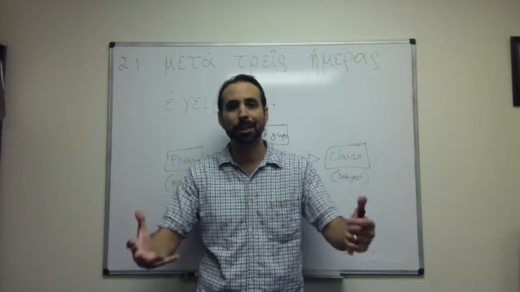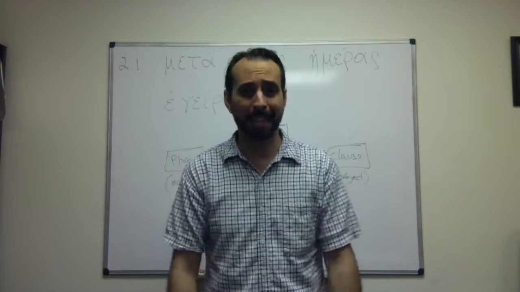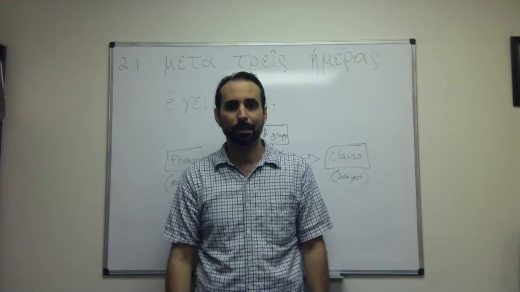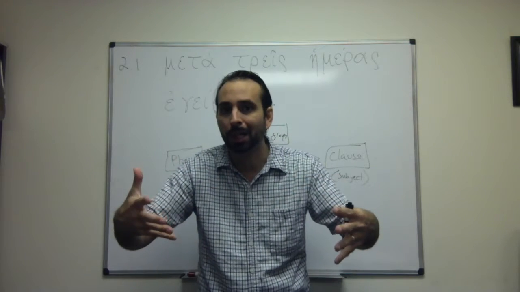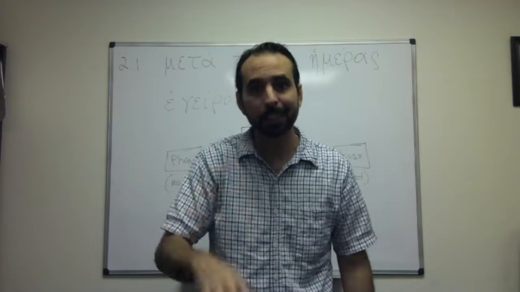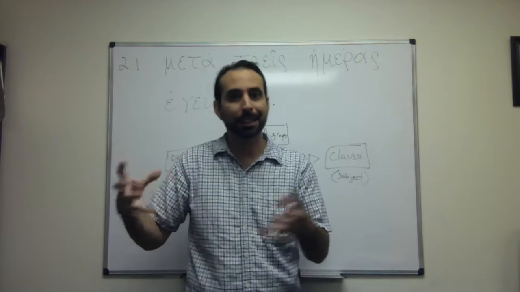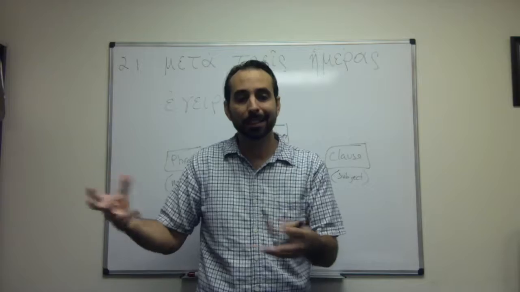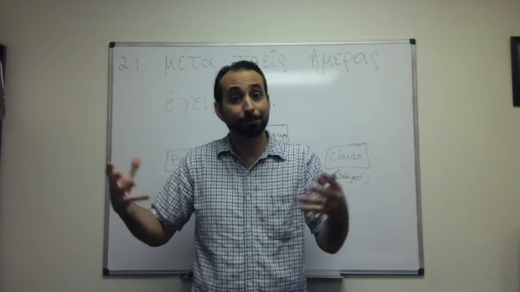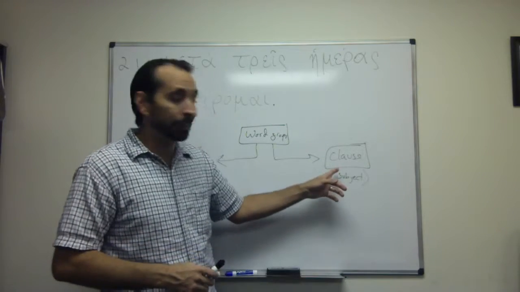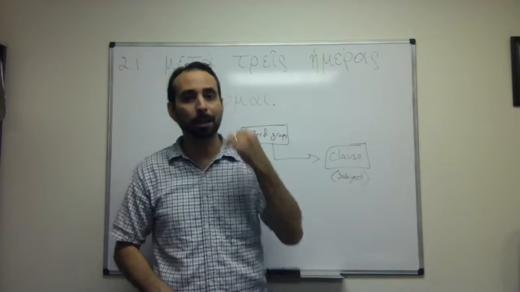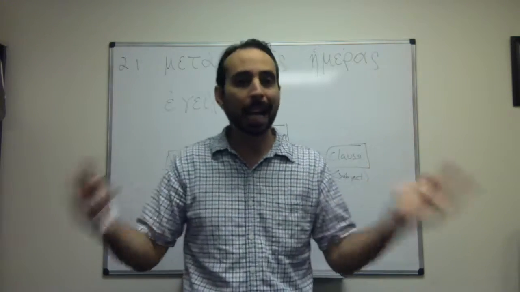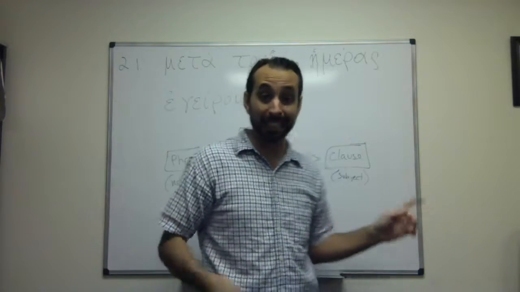If I just walked in the room and said, because he had to win the game, you go, okay, give me the rest. It has a subject, he had to win. This had is the verb. He had to win the game. That's a clause, but it's dependent because of the word because. Now, if I just dropped the word because and walked in the room and said, he had to win the game, that's an independent clause.